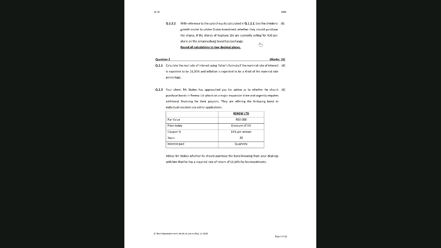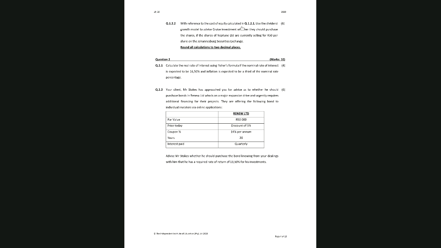So what you're going to calculate here is, given your required rate of return from CAPM in 1.2.1, the value for G, using Learning Unit 2. You'll find the formula at the end of that chapter.